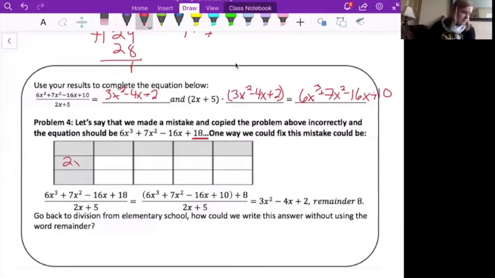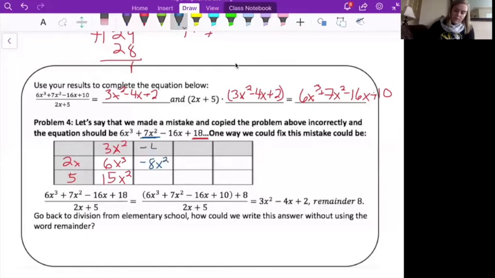So 2x and 5, and then we have 6x cubed, which would give us the 3x squared, and then 15x squared. And so then again, remember, we want to get to 7, so 15 minus 8 gives us 7.